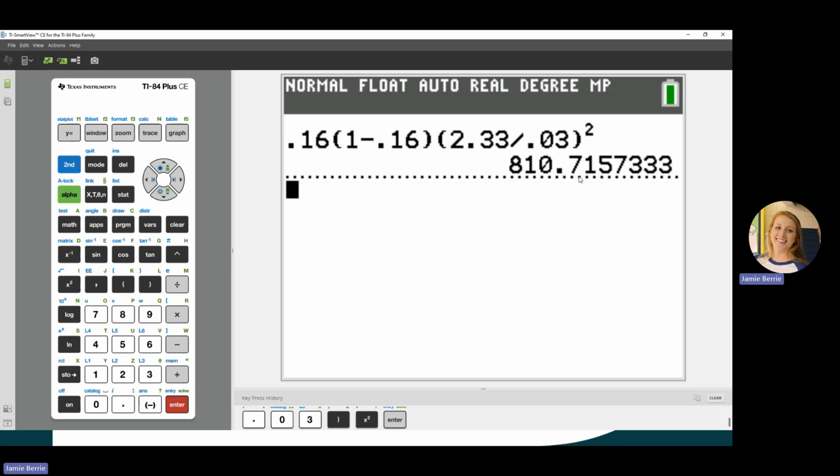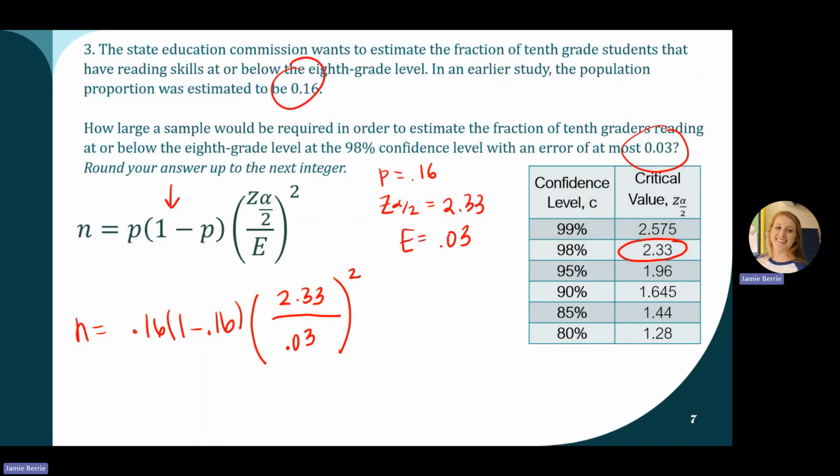You ignore your rounding rules when you're doing the minimum sample size problems. So even though this one is 0.7 and traditional rounding rules would have told us to round up anyway, even if it had been like 810.1, we would still round it up to 811. So we would say that's approximately 811, and this is 10th graders that we would need to survey.